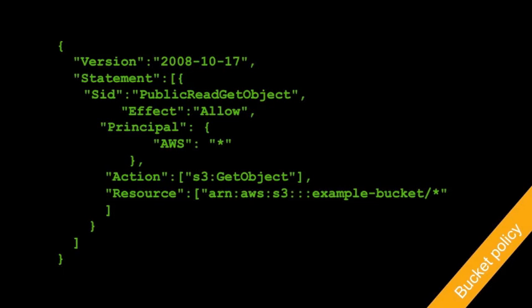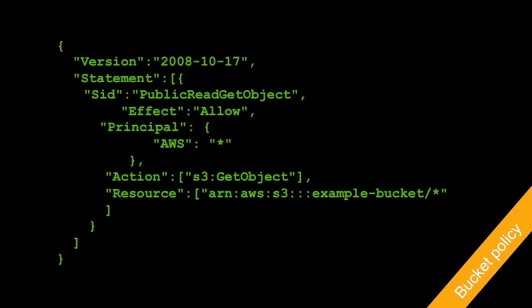You can see that name I've given it, which is to allow anyone, the principal AWS star, to do an S3 get object against the resource my bucket, in this case example bucket. So this is a policy you would apply. So you'd flip the bucket to enable static website hosting and then drop this bucket policy on top of the bucket, and then we're ready to go to push some documents into S3.